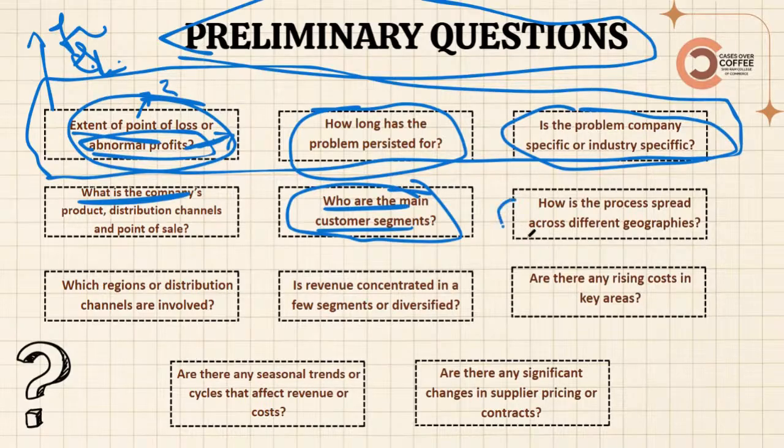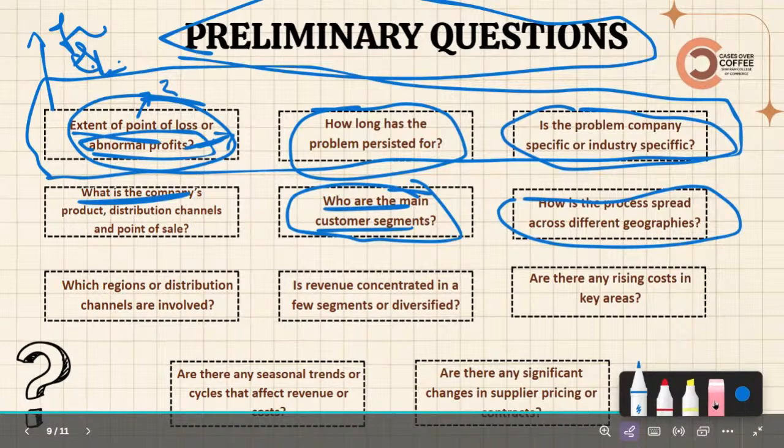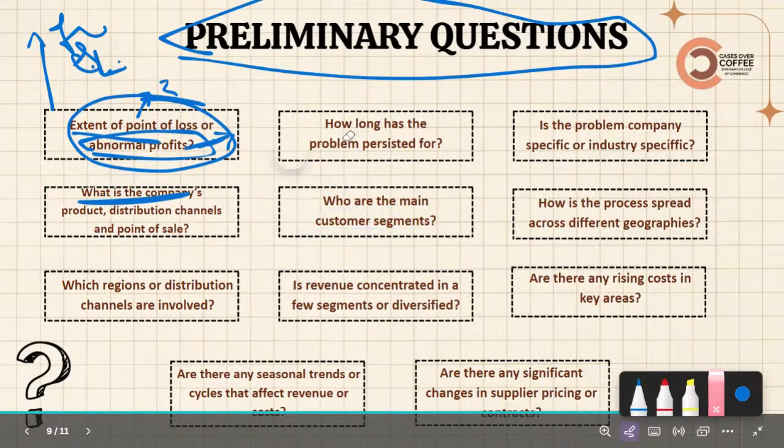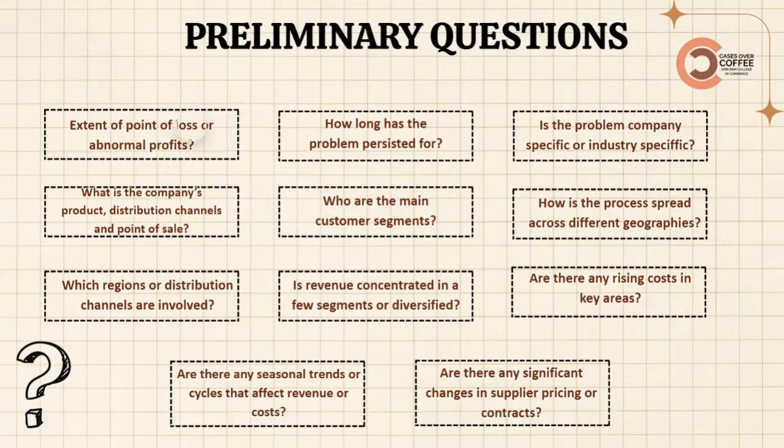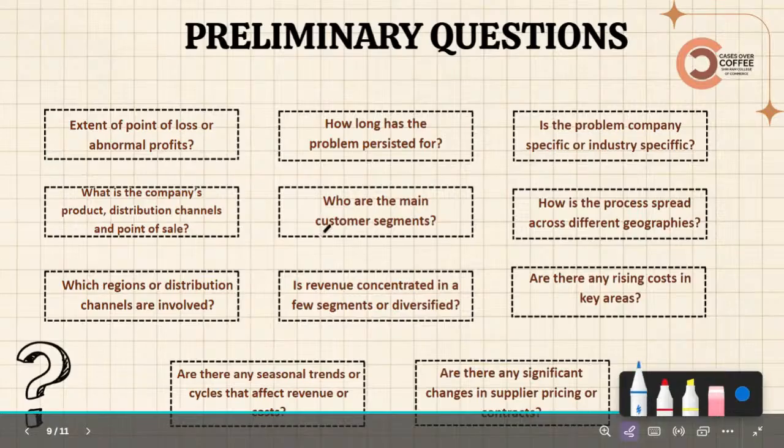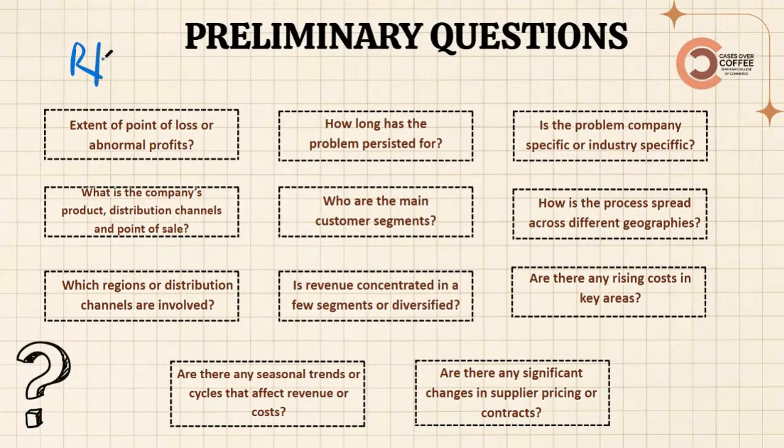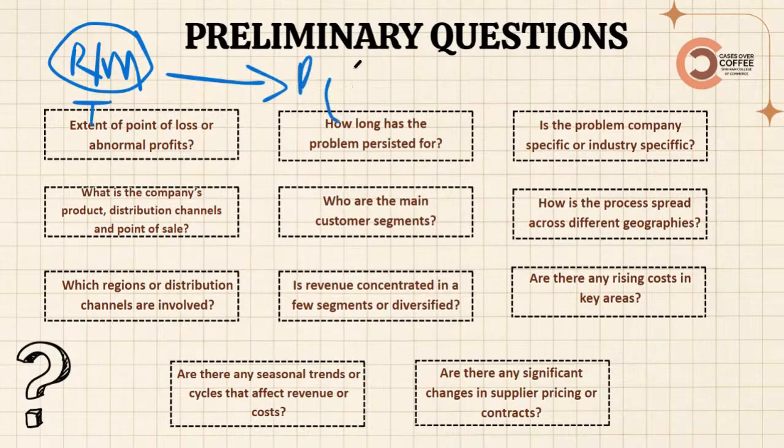And then, what is the process across the different geographies? What I mean by this is, I can explain with an example of, let's say, Apple. What Apple does is source their raw material, like the chips, from Taiwan, and then it is manufactured and produced in China.